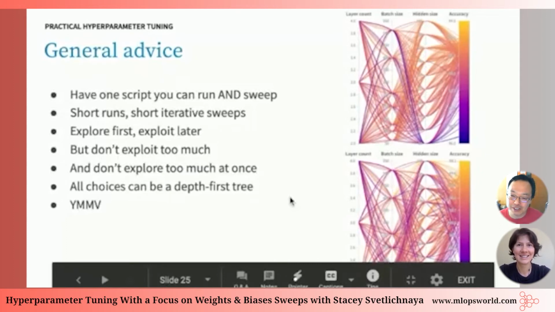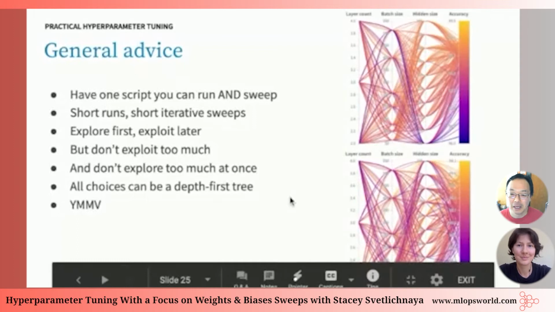So the first question is, does the hyperparameter slide with yellow and purple waves include Bayesian hyperparameter tuning? Yes, so that's the results of runs that have been selected by an agent that uses Bayesian optimization to pick the next ones it tries. Awesome.